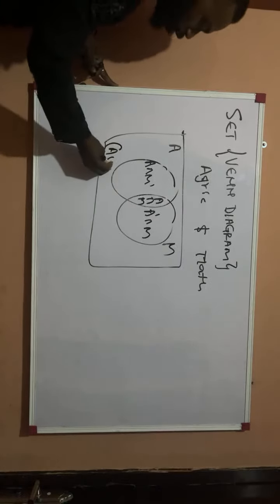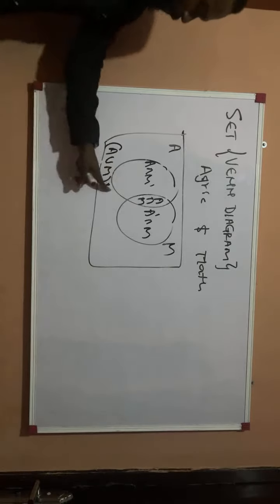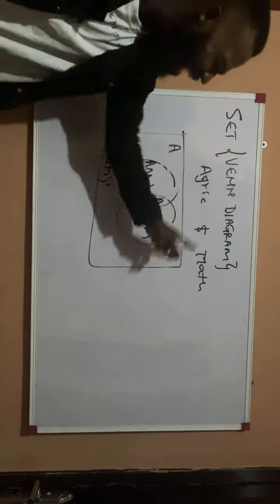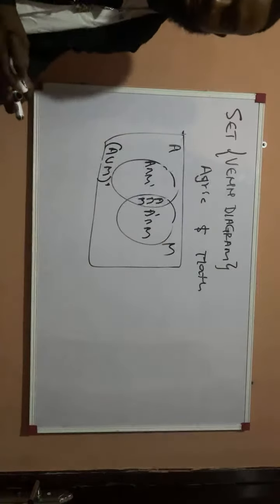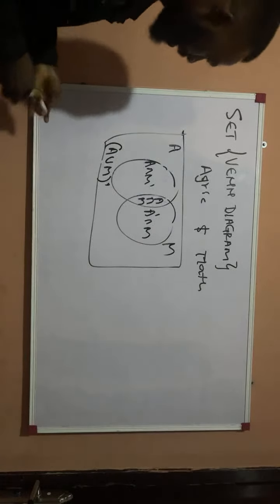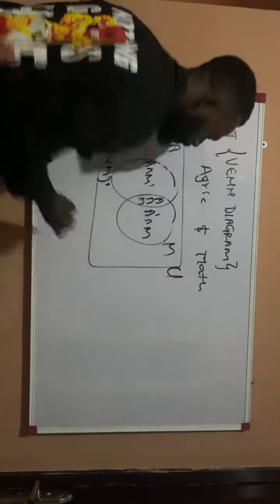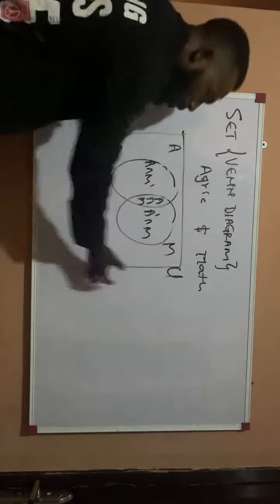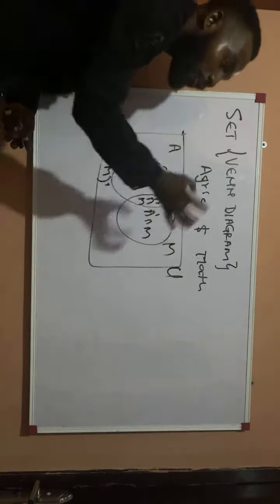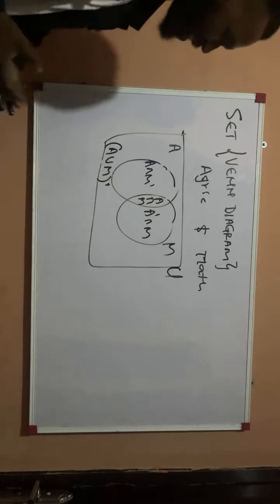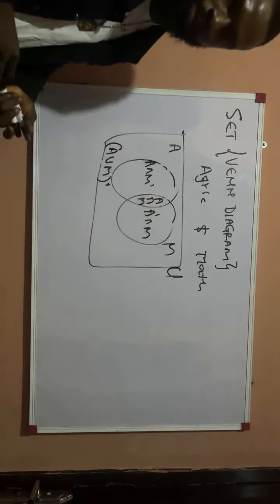Greek union mathematics, prime. Now this prime shows that they don't offer any of the subjects being offered in the class. And automatically this becomes our universal set, which has to do with the total number of students in the class, both those offering the subjects and those not offering the subjects.